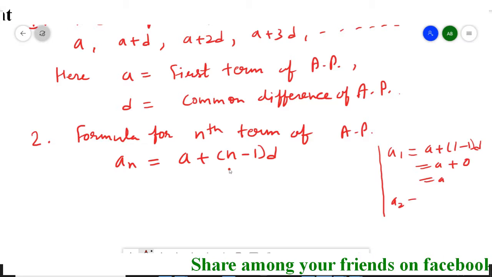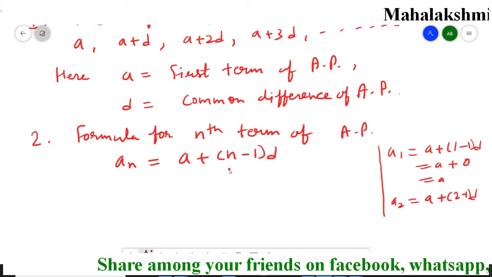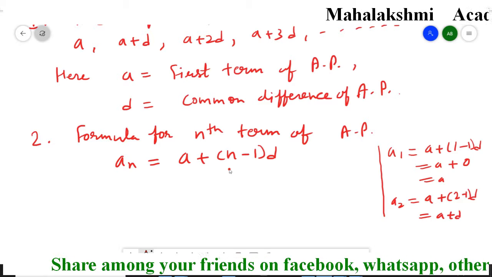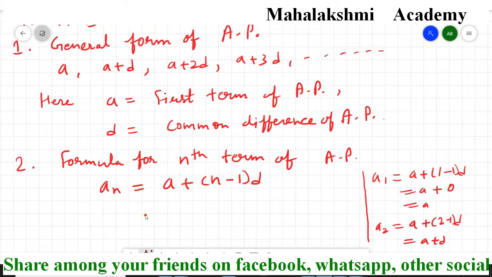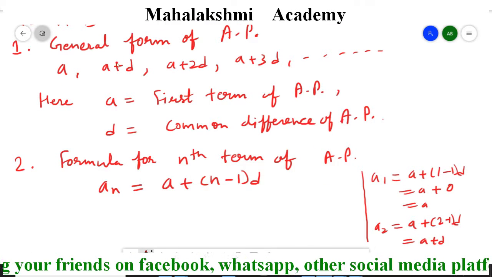Now if we want the second term, then instead of n we write 2 minus 1, so you will get a plus d. You see here, it matches your series: the first term is a and the second term is a plus d.